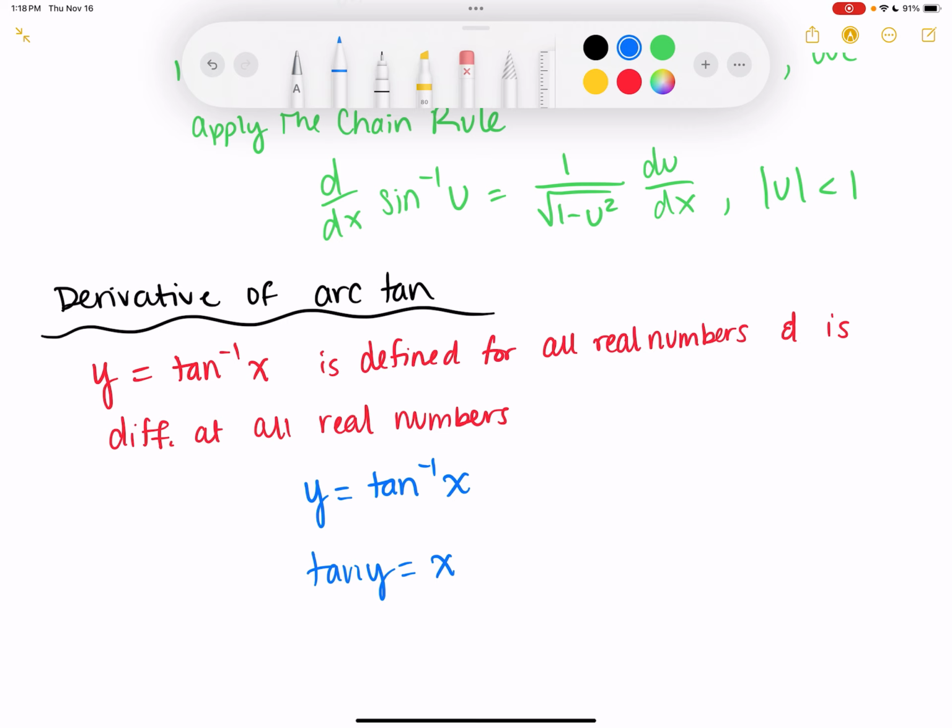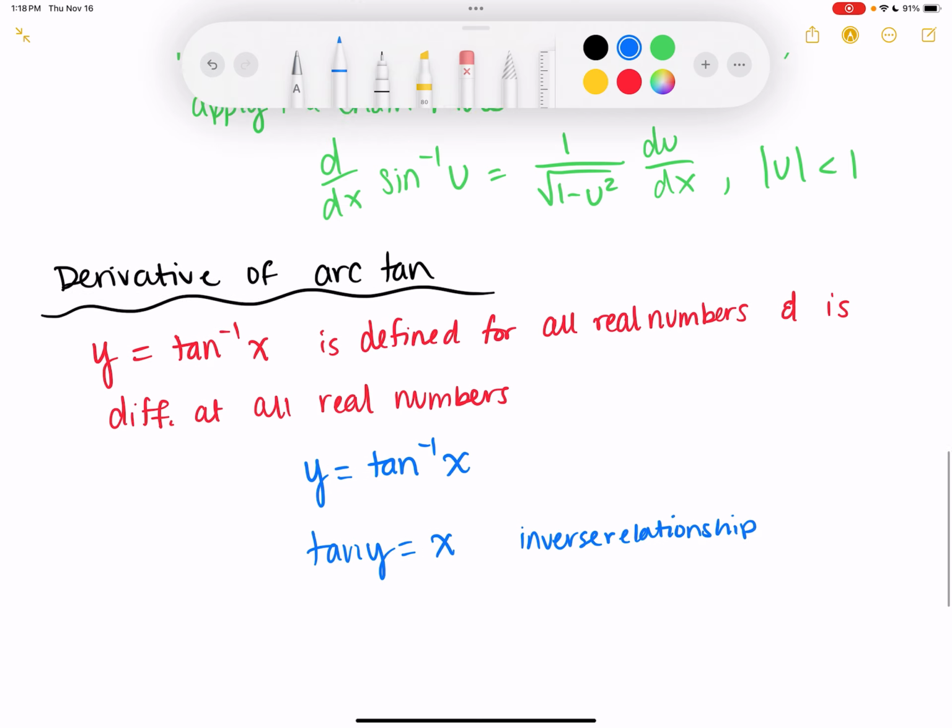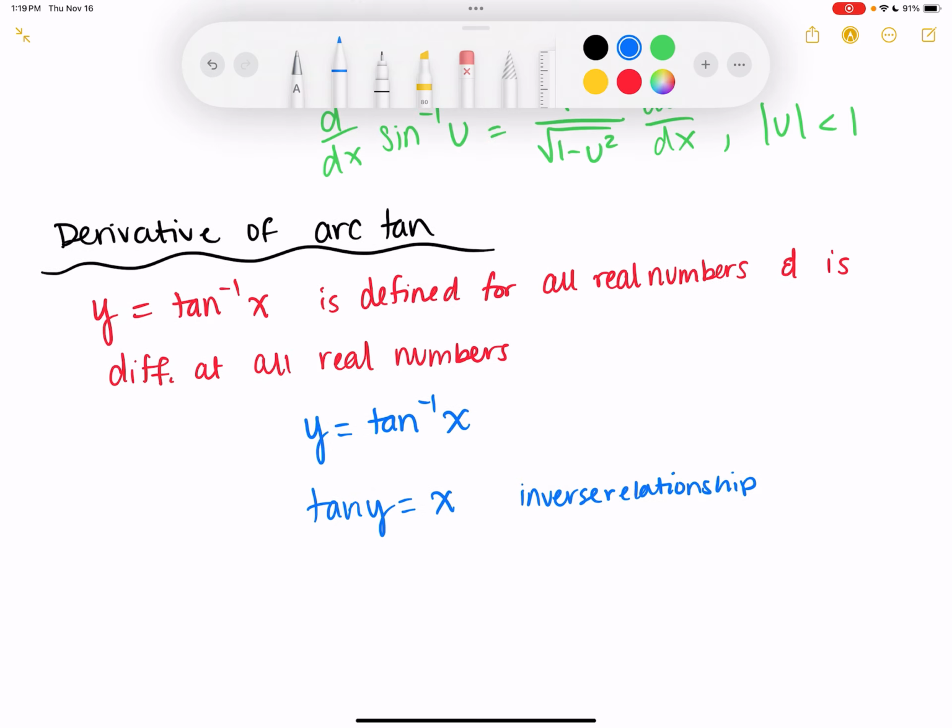It doesn't really matter, but just to keep it consistently going down. And this is the inverse relationship again. So then we take the derivative implicitly. So what would the derivative of the tangent of y be?